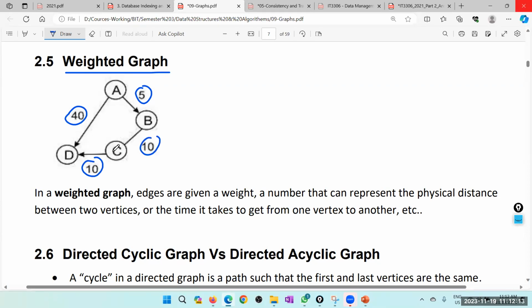Most of the time, what we have to work with are weighted graphs. If you don't have such a thing, that means you just model that there's a connection between A and B, nothing else. Then it's not a weighted graph.